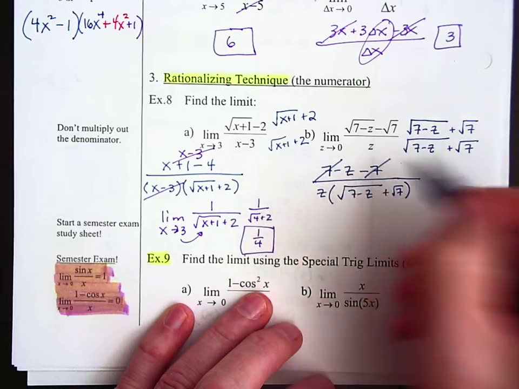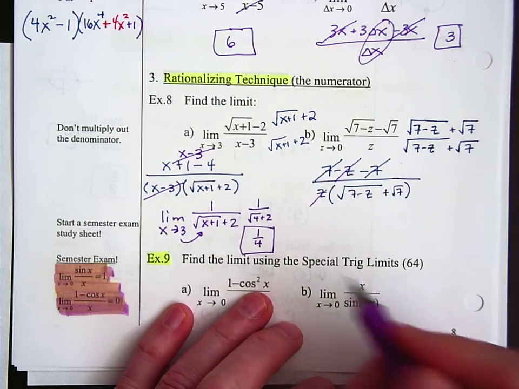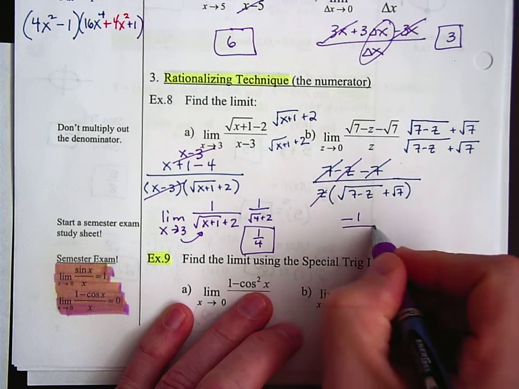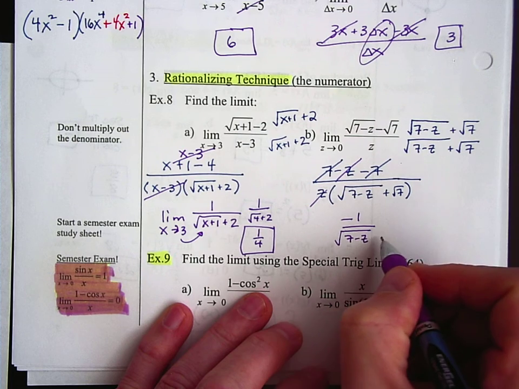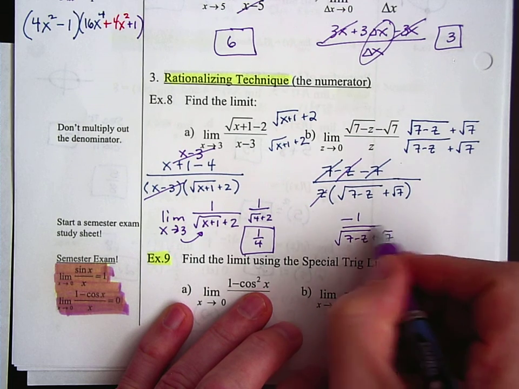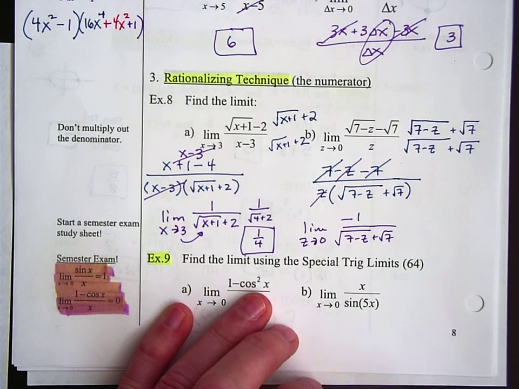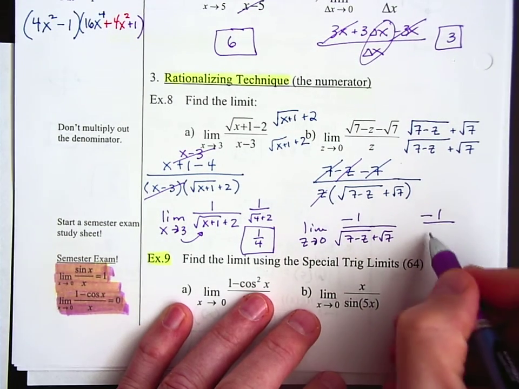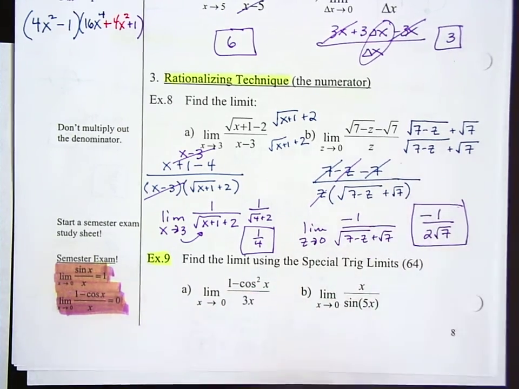So these 7's cancel out, and these z's are going to cancel out, leaving us with negative 1 in the numerator. You got to be careful, don't lose track of that. And then we're going to have 7 minus z plus root 7. So if we take the limit of that as z approaches 0, we get root 7 plus root 7. So root 7 plus root 7 is 2 root 7.